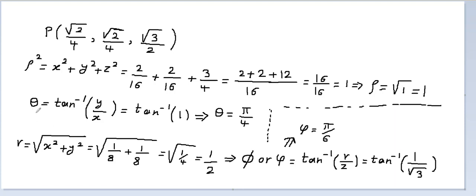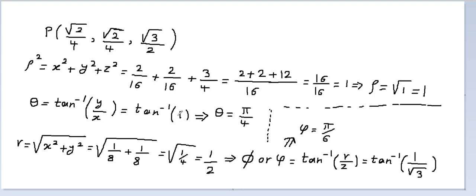Then theta. Theta is the tangent inverse of y over x. You can see y and x are equal, so y over x becomes 1. So we take the tangent inverse of 1.